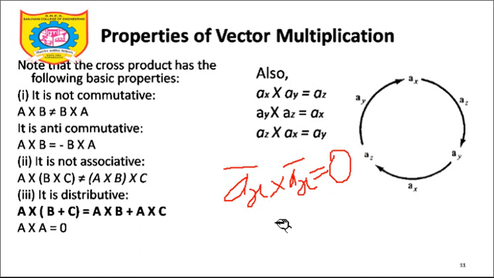So AX cross AX is 0, AY cross AY is 0, AZ cross AZ is also 0. But how will this cross product result? You can simply calculate it by a matrix determinant. Try to solve this determinant and write down the AX, AY, AZ unit vectors, the coefficients of the first vector and the coefficients of the other vector, and you can calculate this with ease.